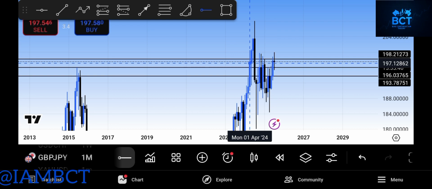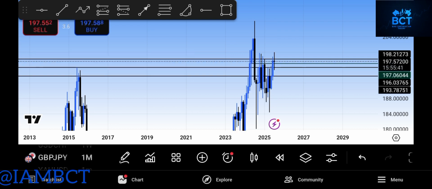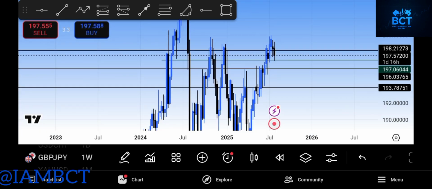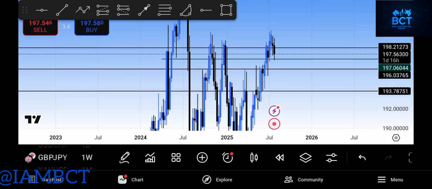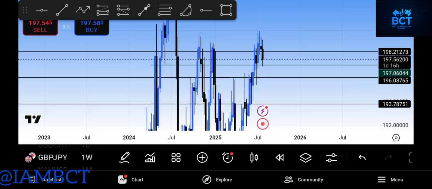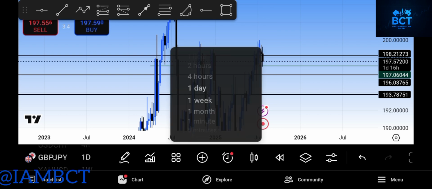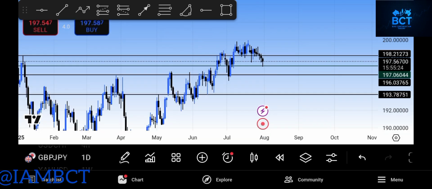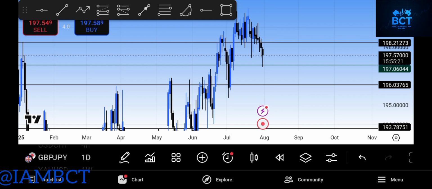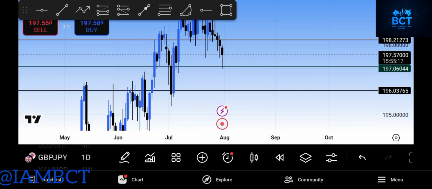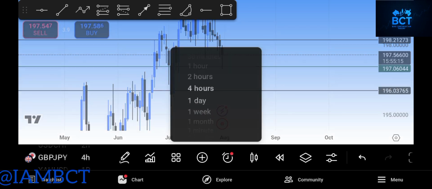If you expect something from the zone, then we'll go down to weekly. The zone has been taken as well, so there is nothing that you are expecting from price here for the moment.